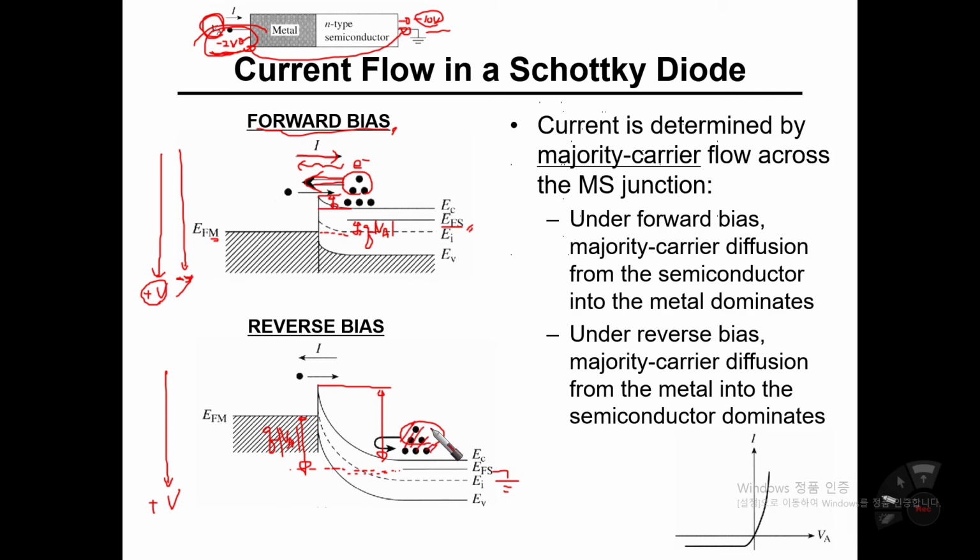Almost all of the electrons in the conduction band in the semiconductor can never jump over the energy barrier height. So the only thing that can move back and forth across the MS contact is this guy. Who is it?